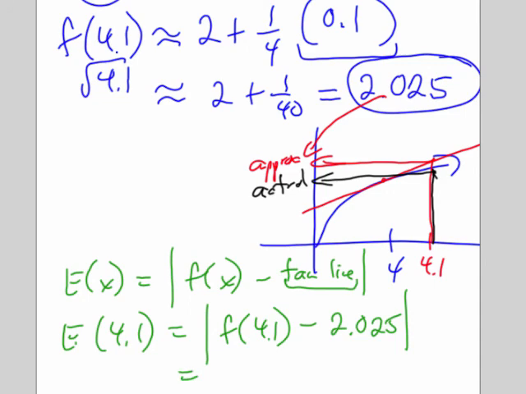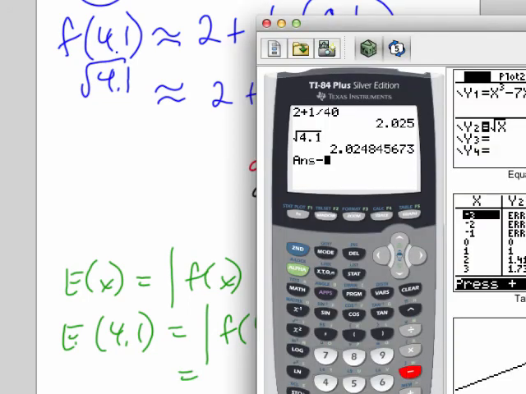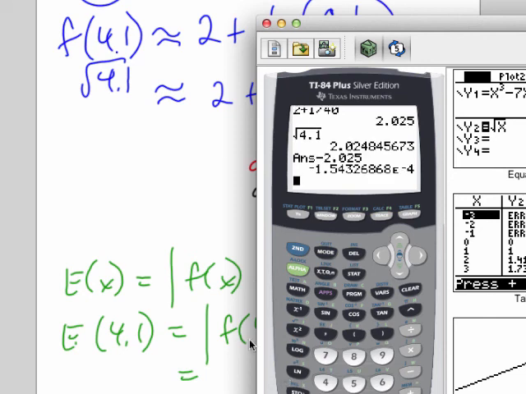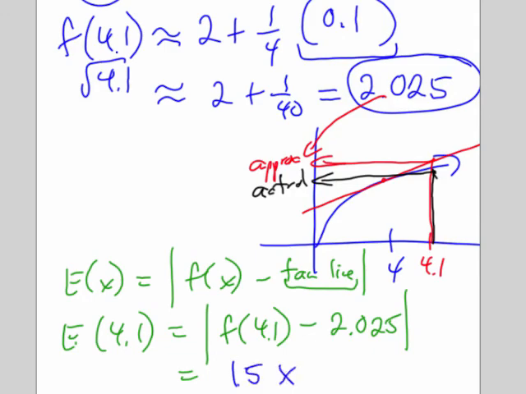And so this value minus my approximation gives me a negative value, but the absolute value of that is my absolute error. So 1.5 times 10 to the negative fourth. Pretty darn good.